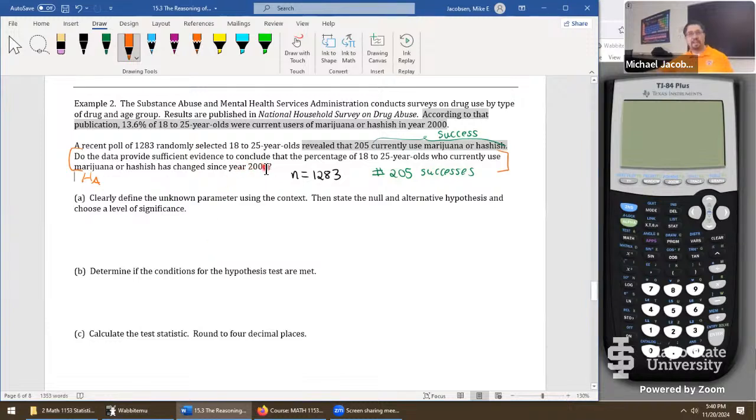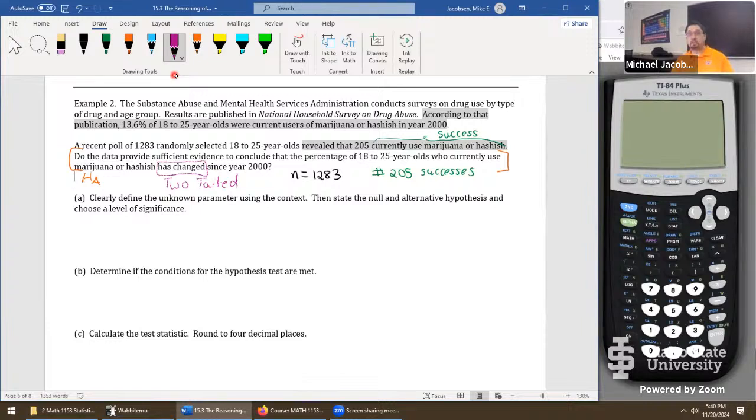So let's pretend we're talking about year 2024. We're wondering if 24 years later, this old value, 13.6% of that age range, being current marijuana users, has changed. I think a lot of people would ask the question, has it gone up? That seems like a more natural question. But this problem is asking for a two-tailed test the moment they said this. We're testing for either direction.